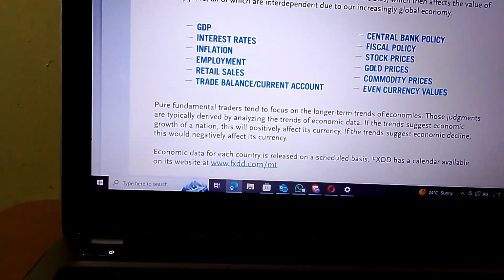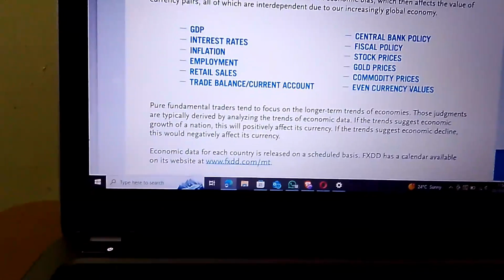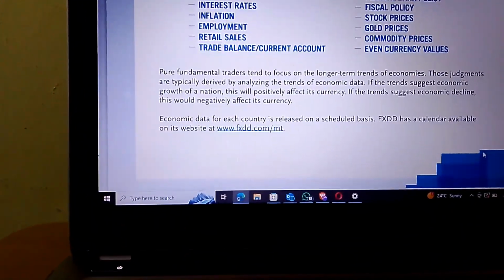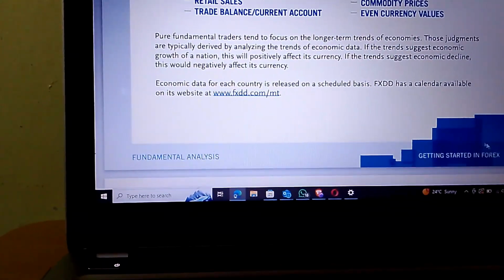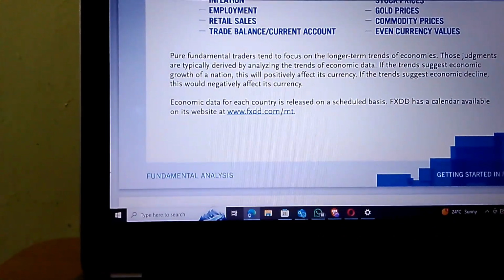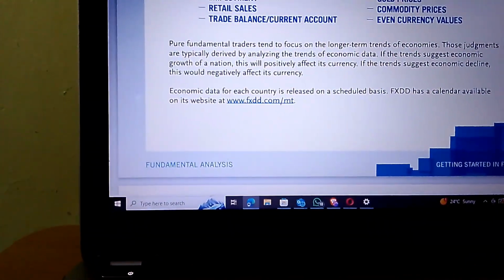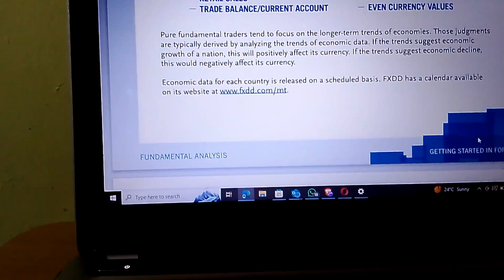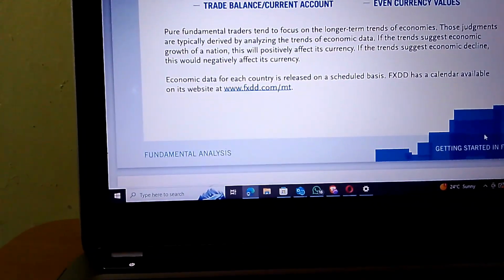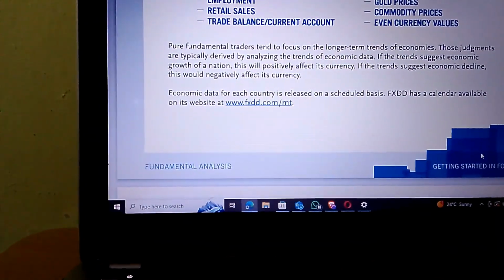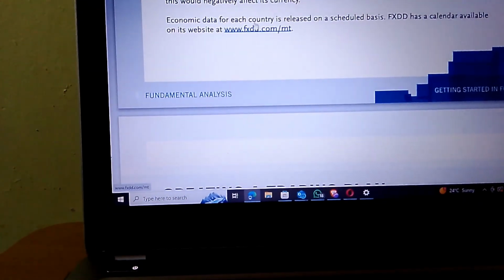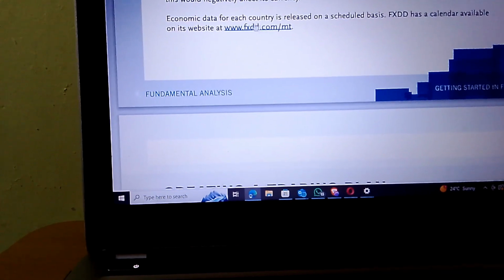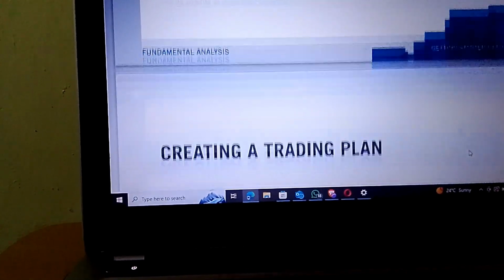Pure fundamental traders tend to focus on the longer-term trends of economies. Those judgments are typically derived by analyzing the trends of economic data. If the trend suggests economic growth of a nation, this will positively affect its currency. If the trend suggests economic decline, this would negatively affect its currency. Economic data is released on a scheduled basis.